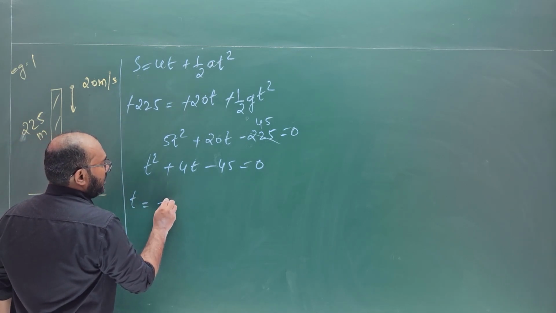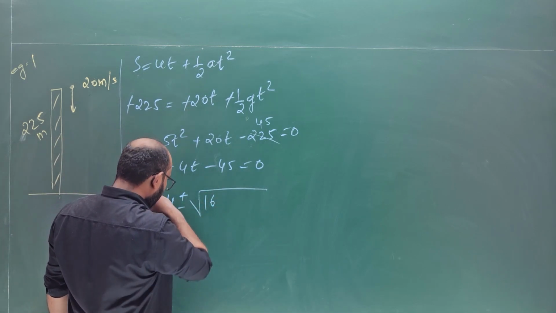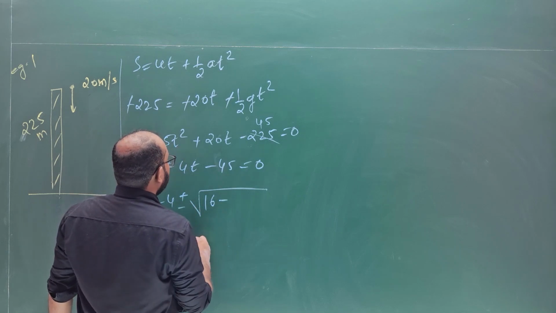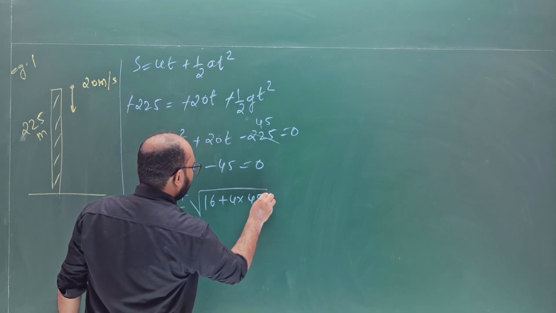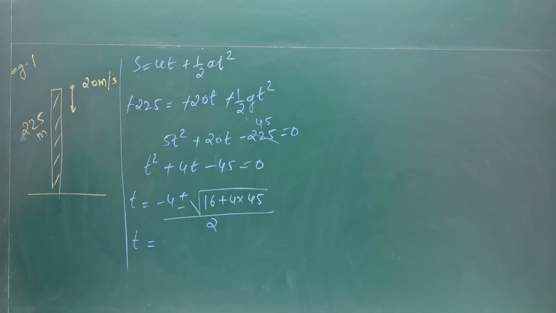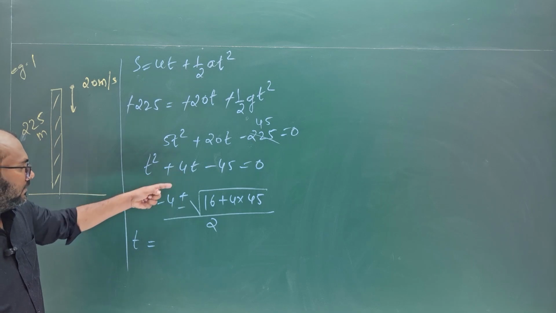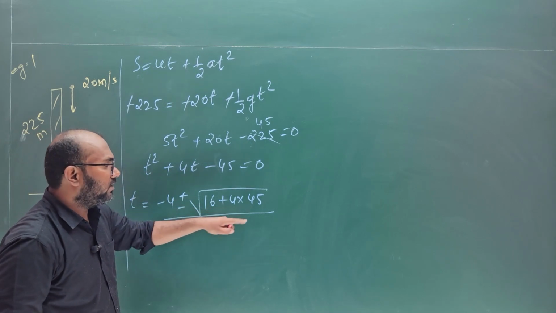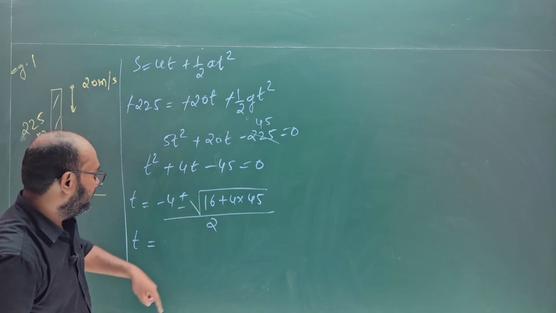Where is the mistake? It is minus b. So minus b plus or minus the root of b square minus 4ac. C is negative and the formula has minus, so this becomes plus automatically.